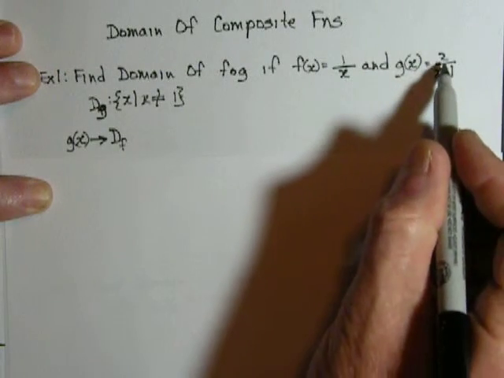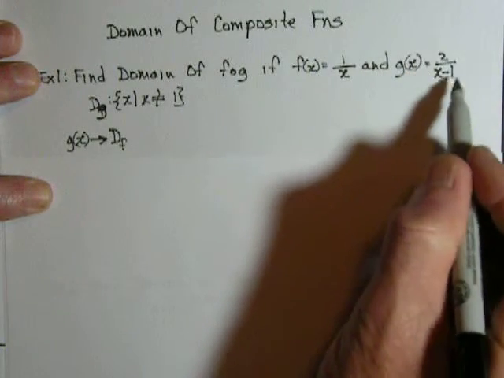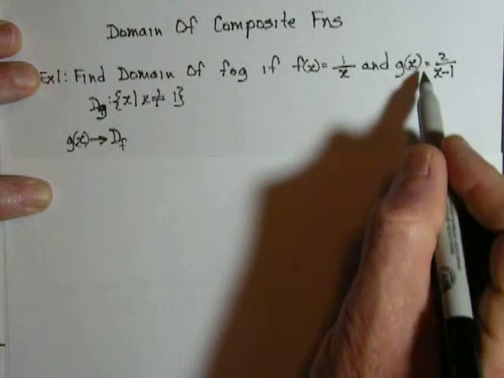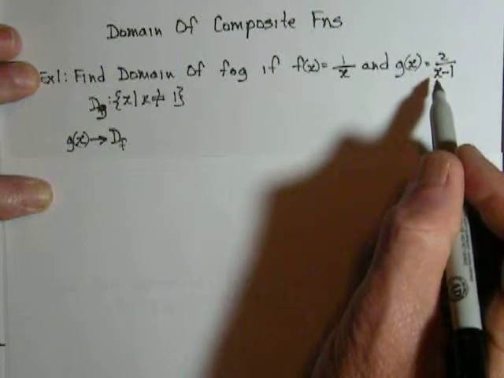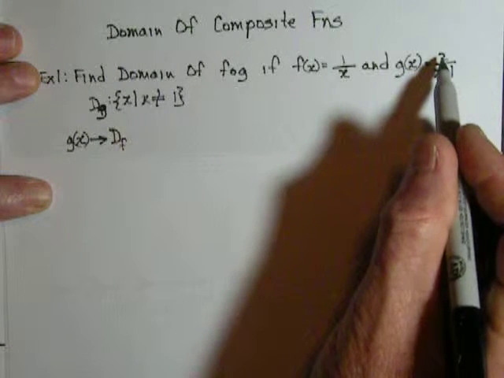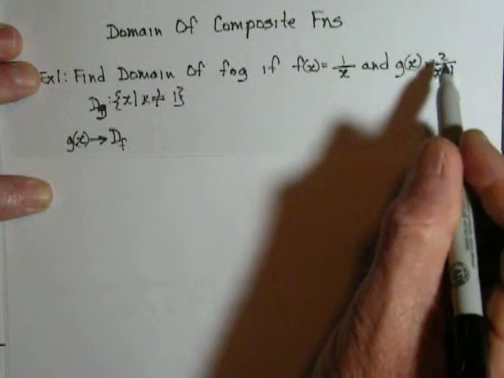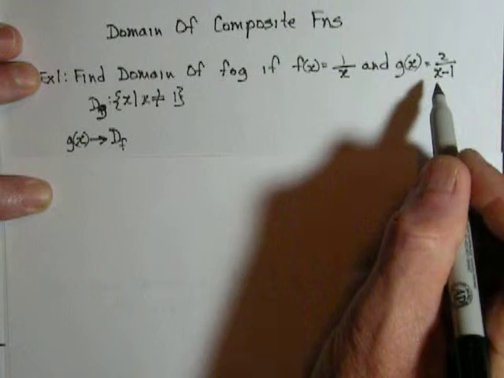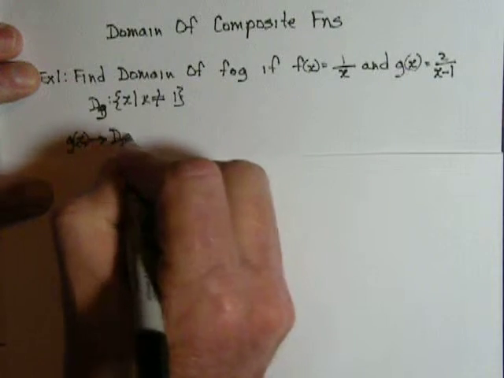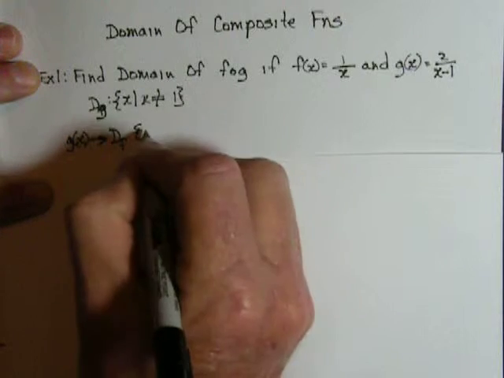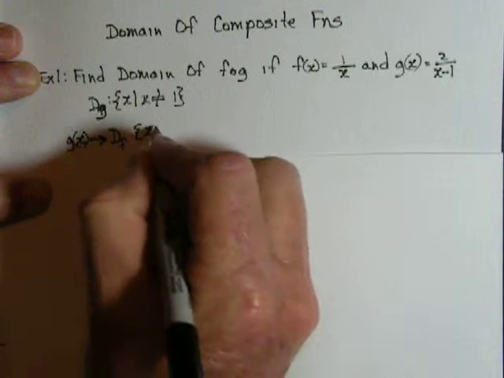So, I look at this and I say, okay, is there a number that I could plug in for x that would make this result 0? And in this case, there is none. The numerator is 2. And so therefore, there's no way for this result to be 0. So the domain of f is going to be all x's, so to speak.